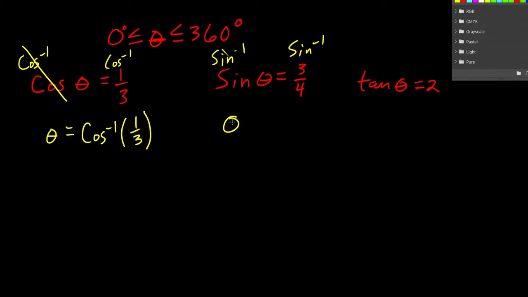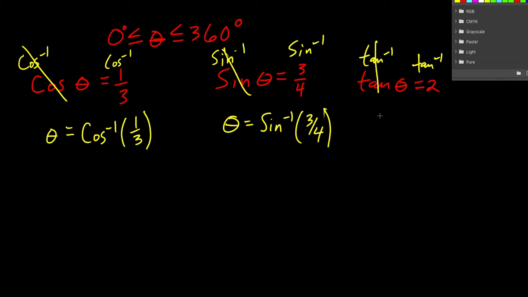Cancel, we get theta is equal to the inverse sine of 3/4. Same thing with tangent, but it's going to be inverse tangent. So these cancel, and then theta is equal to the inverse tangent of 2.